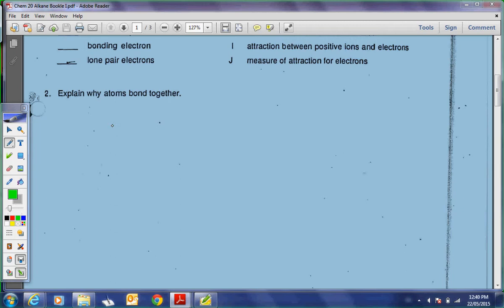And how do they make themselves more stable? By getting a full valence shell. And there are 2 ways they can get a full valence shell. One might be transferring, either adding or giving away. And that would create what kind of bond? Ionic. And the other way that they achieve a full valence? To share.